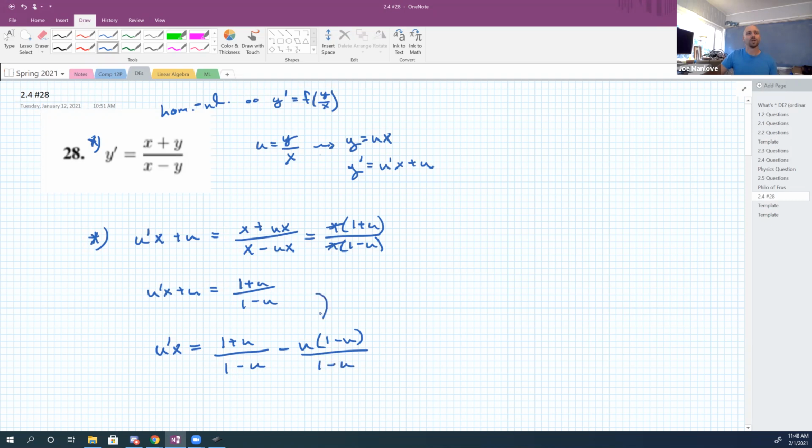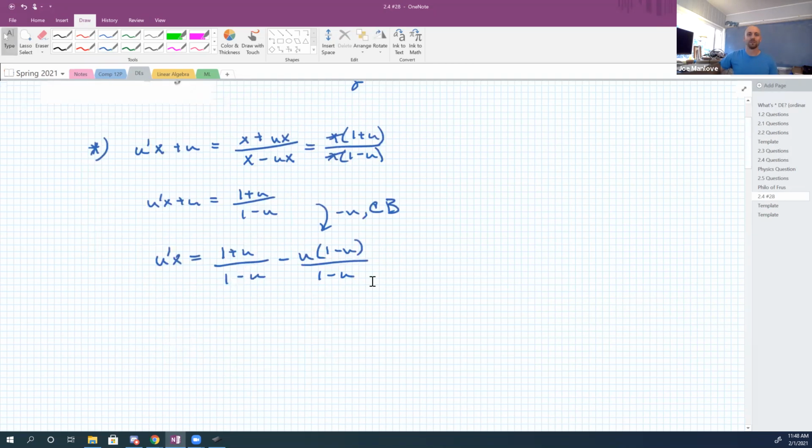So that was subtract u and get a common bottom for your fractions. And factor it all and get 1 plus u squared over 1 minus u. Okay, so maybe do a little collection on the top. So I got 1 plus u minus u plus u squared all over 1 minus u. Oops, and that was u prime x is equal to that.